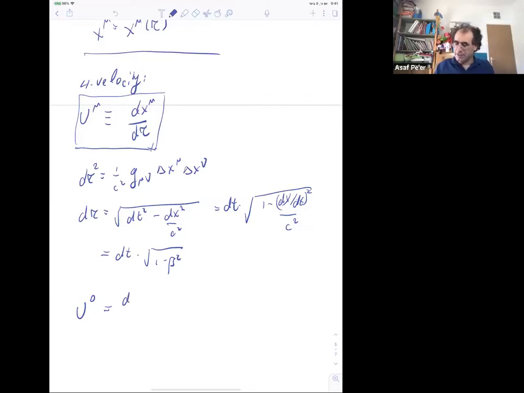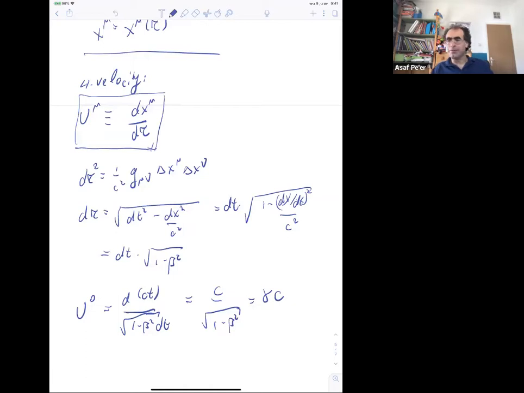So it's d ct over square root of 1 minus beta squared dt, just c over square root of 1 minus beta squared. This is just gamma, so it's just gamma c. I'm still keeping the c just until you get used to it. Until next lecture, when I'm going to do proper particle physics, and then c is going to disappear.